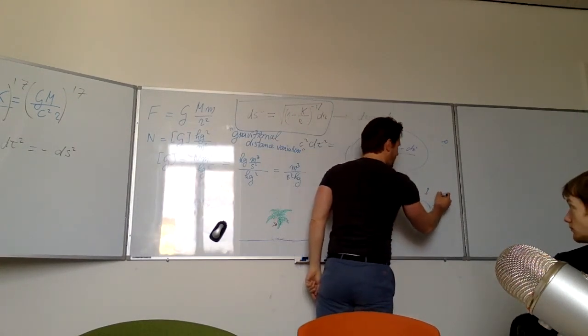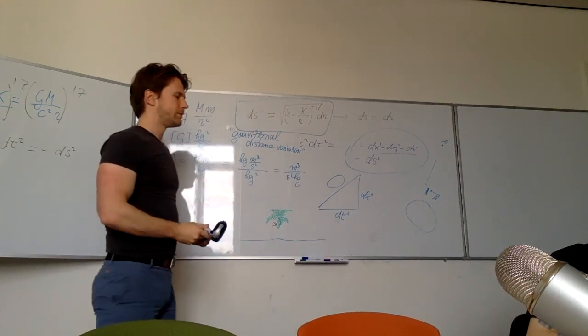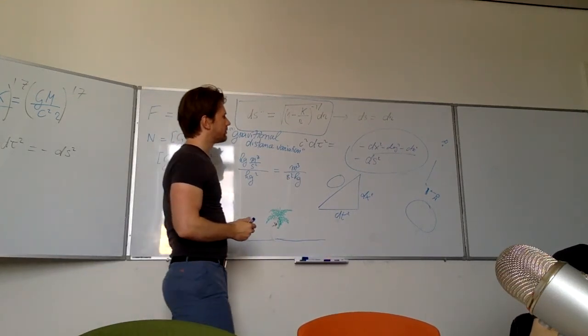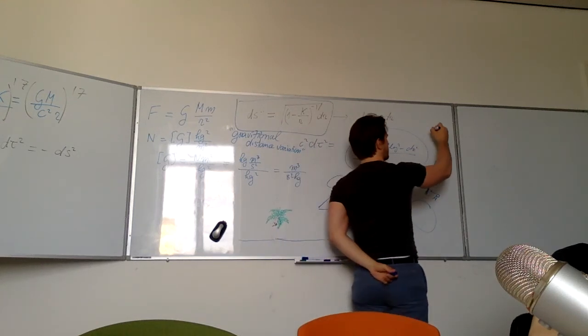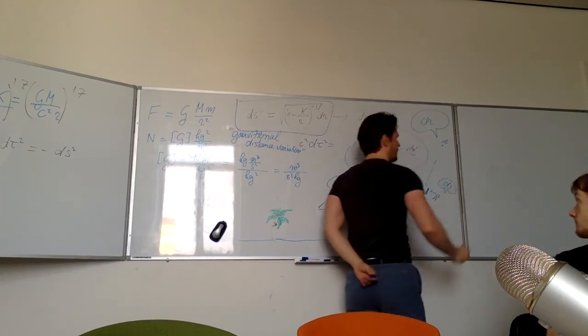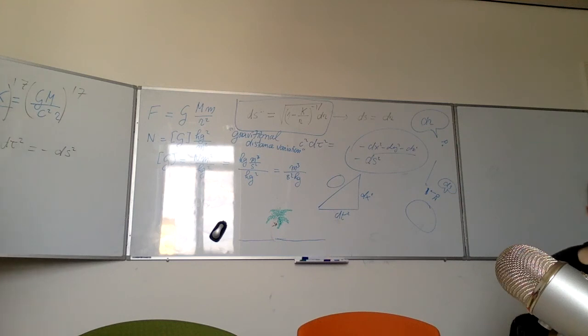And there's a guy here looking at this length, and there's this guy looking at that length. Who measures the biggest length? This guy says, I measure the dr. This guy says, no, I measure the ds. Which measures the biggest number?